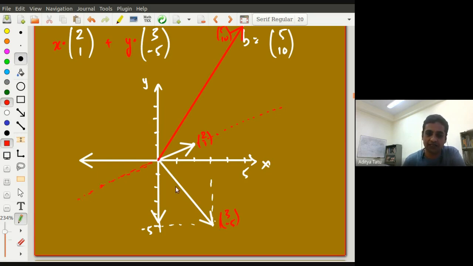Okay, and similarly, if I multiply a scalar with the tuple (3, minus 5), it will always lie on this straight line. Right?